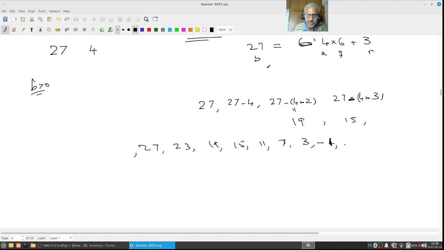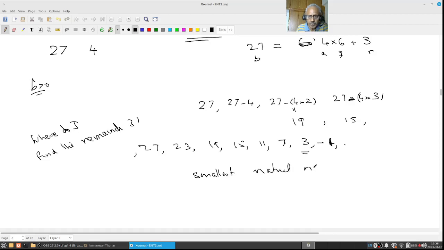So where did I find it? What is the remainder 3? Where do I find the remainder 3? In this set, it is the smallest non-negative number.